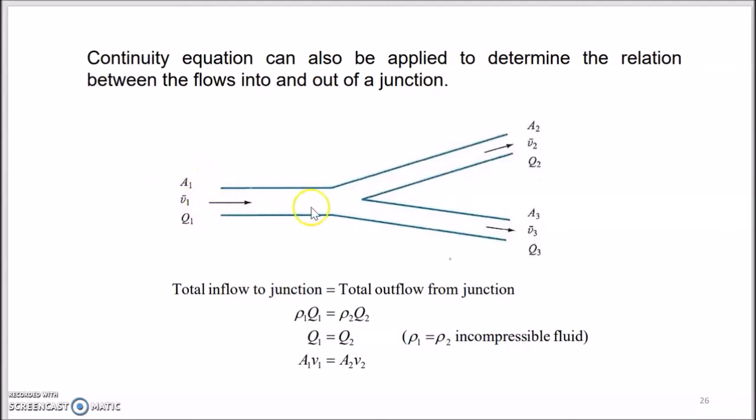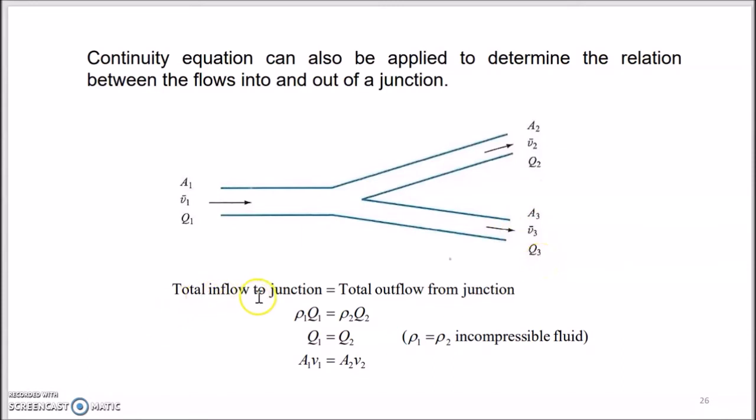This pipe is separated into two different pipes at the junction. For the first branch we have A2, V2 and Q2, and for the other pipe we have A3, V3 and Q3.